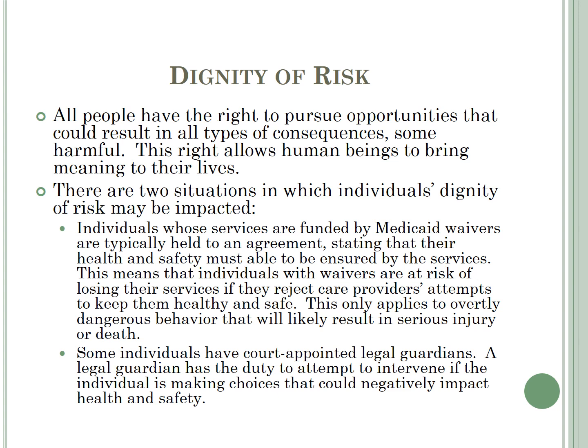Therefore, if an individual with a waiver is engaging in unsafe behavior that could potentially result in serious injury or even death, it's really the responsibility of the provider to intervene, because the provider does need to ensure health and safety. And if the individual, after the team intervenes repeatedly, continues to engage in this unsafe behavior, there is a chance that that person could lose their services.